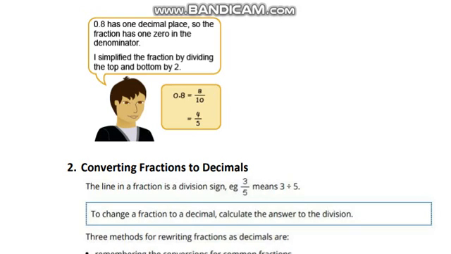If we simplify 8 out of 10 by dividing both sides by 2, we have 4 out of 5. So 0.8 equals 4 out of 5.